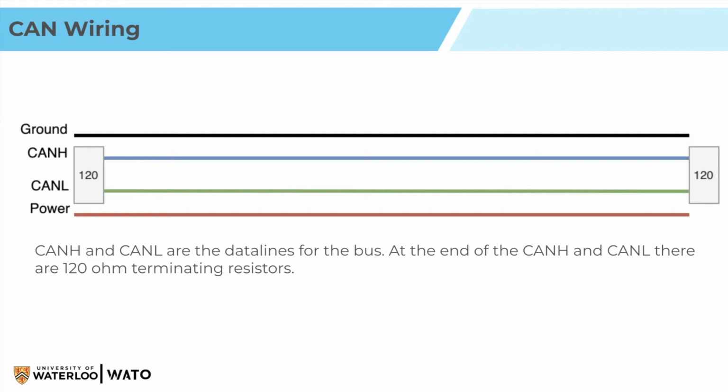Having those terminating resistors is going to help reduce those oscillations that you have on the wires. Second reason is that these resistors can act as pull-up or pull-down resistors. So in analog to digital interfacing, there's a certain threshold for your voltage in order for something to be determined a logic 1 or a logic 0.